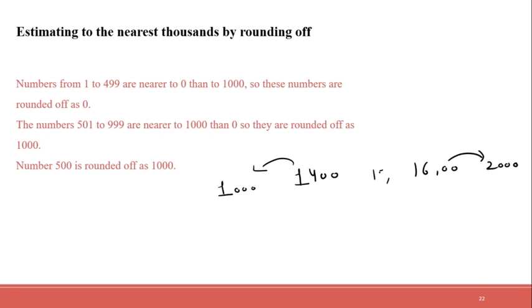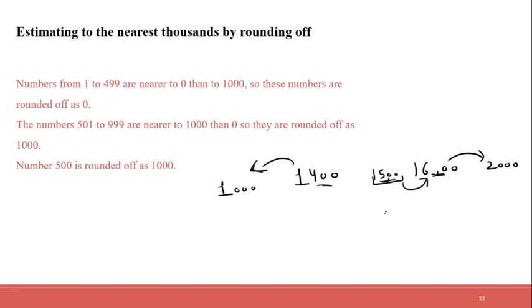Because 1500 is in the middle. 600 is more than 500, so we'll round it off to the next nearest thousand. And 400 is less than 500, so we will round it off to the previous thousand.